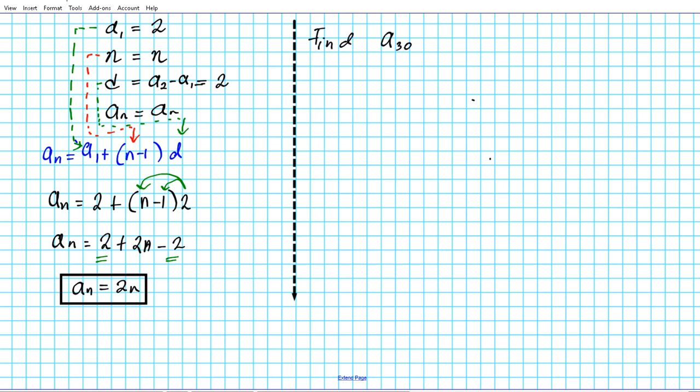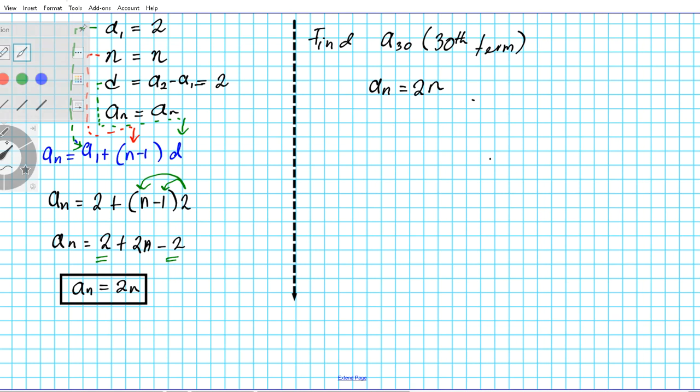A sub 30 basically means the 30th term. You just look at the index to determine which term you're looking for. We already have a formula, an equation which we're going to be using: an is equal to 2n. And we also know that n is given by 30.